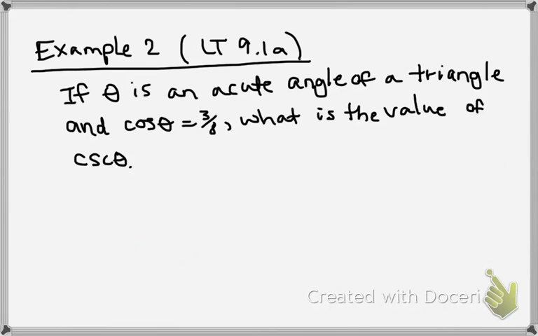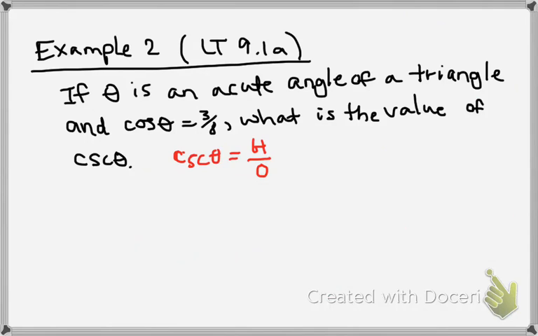Well, in order to do the cosecant, remember cosecant is the reciprocal of sine, so the cosecant is equal to the hypotenuse over the opposite. Since we're looking at the reciprocal of sine, sine was opposite over hypotenuse, so cosecant is hypotenuse over opposite.